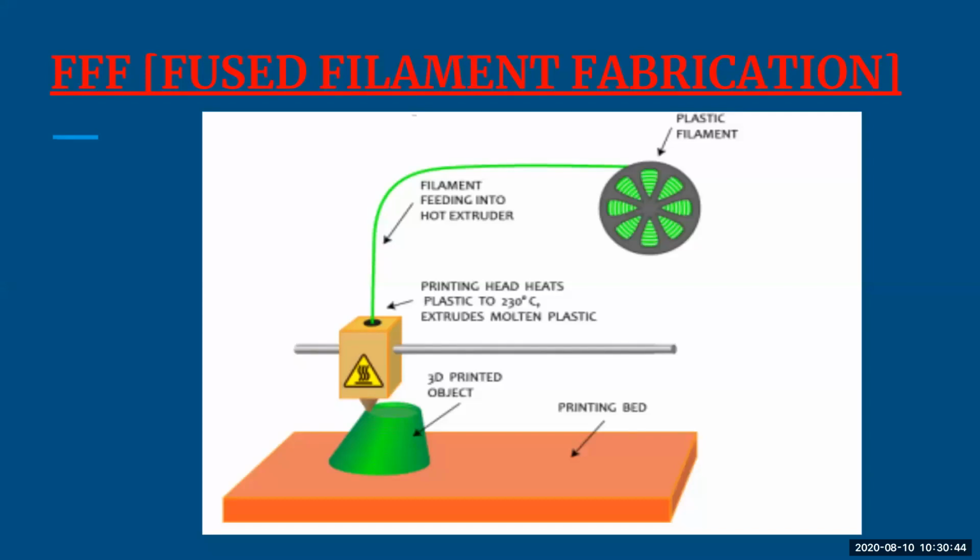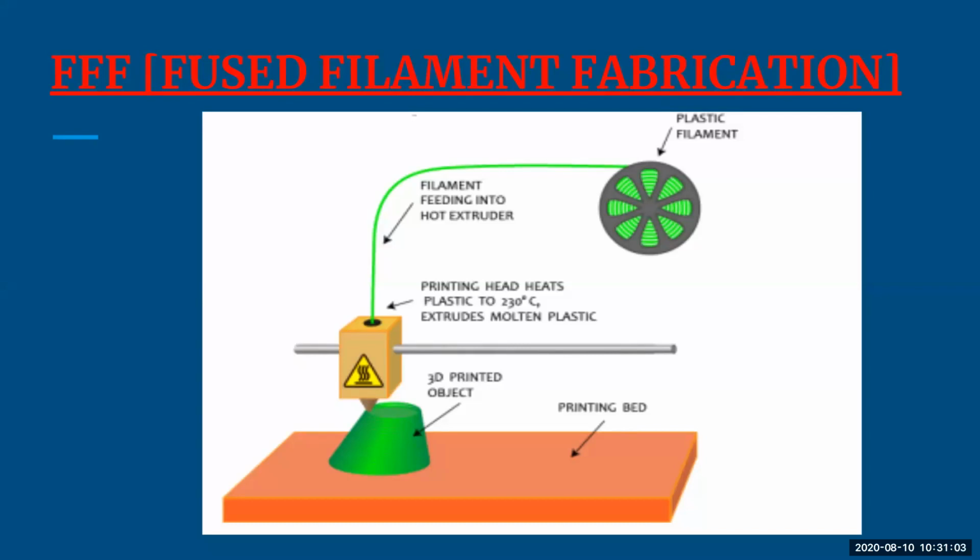Why is it an additive process? The reason is that it is a part of 3D printing, and 3D printing says that we start with nothing, and slowly, gradually, at each step, at each layer, we start adding the material, and the resultant model is developed. Okay.